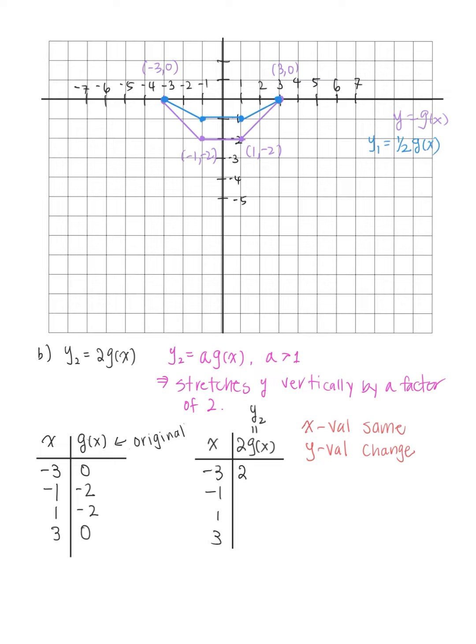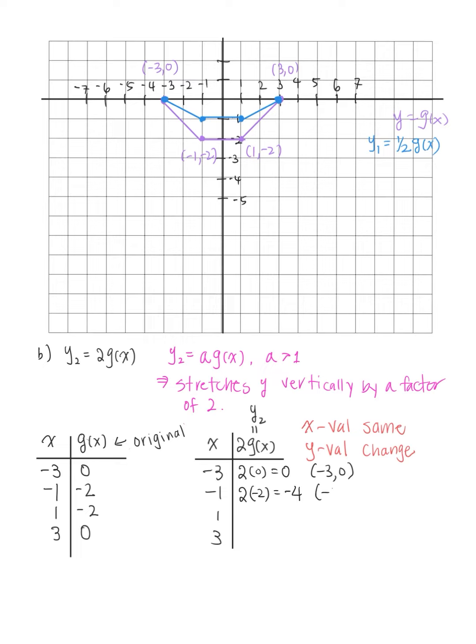Here, we're going to multiply by 2 times what was our g of x value when x is negative 3. That's a 0. So 2 times 0 gives us 0. So we're going to be plotting negative 3, comma 0. And when x is negative 1, we're going to go 2 times negative 2, which gives us negative 4.